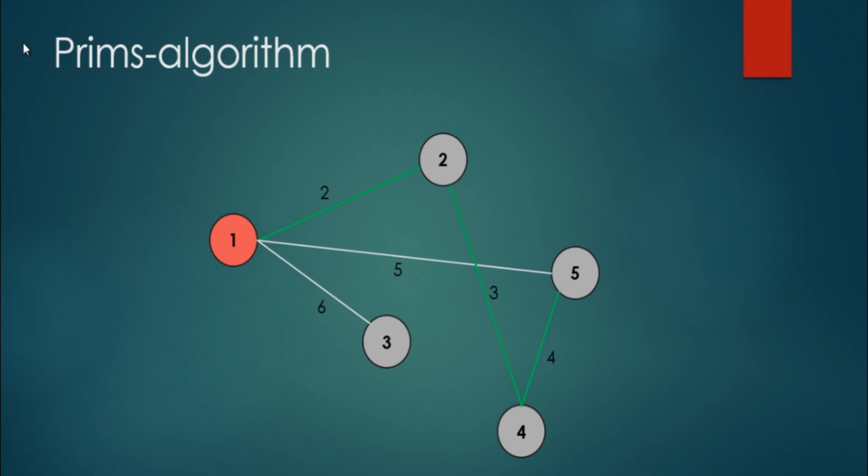We haven't visited, for example, node 5, so we could, but we do not add 5 because we have already visited node 1, node 2, node 5, node 4, so we skip the edge with weight 5 and we add the edge with weight 6. So that's all about the lazy implementation of Prim's algorithm.